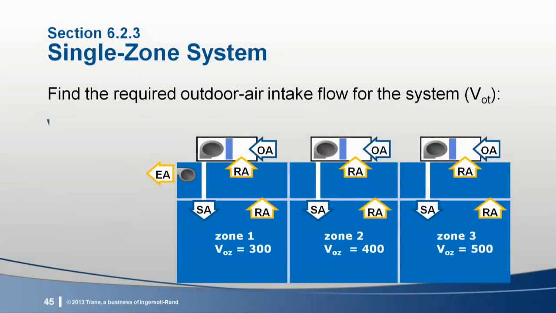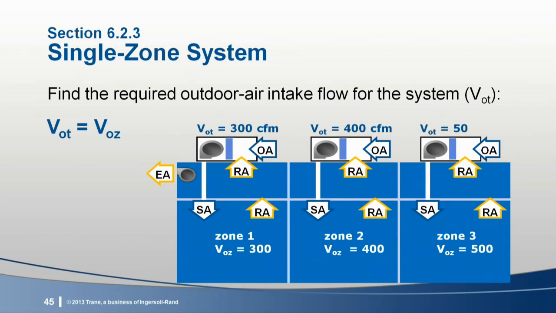Now, starting with a single zone system. Since all the outdoor air enters through a single intake and is then delivered to one zone, this calculation is pretty easy. For our example, we're assuming that a separate rooftop unit serves each of the three zones. According to Standard 62, the required system intake flow, V sub OT, is equal to the corresponding zone outdoor airflow, V sub OZ.